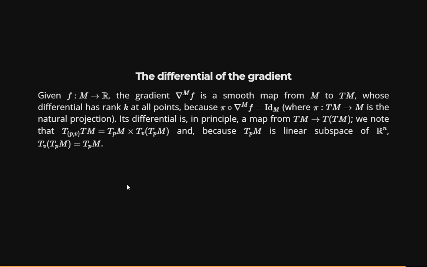So its differential is a map from one tangent space to the other, bigger tangent space. The second tangent space is decomposed in two tangent spaces. And on the first coordinates, your differential is just the identity k by k. So we just look at the second part: the projection of the differential of the gradient on the tangent space, which is a factor of the tangent space of the tangent bundle.